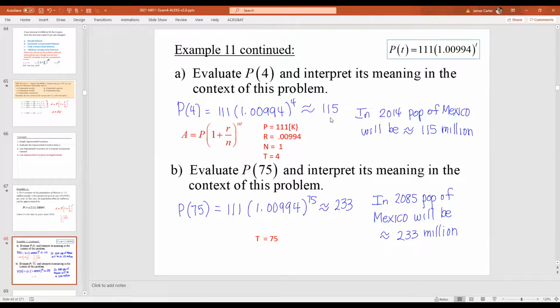That means it'll be approximately 115 million in 2014, or it would have grown 4 million. Okay, what about 75 years? What do they expect the population to be? Well, everything's the same except the number of years, and they figure 233 million, or more than double.